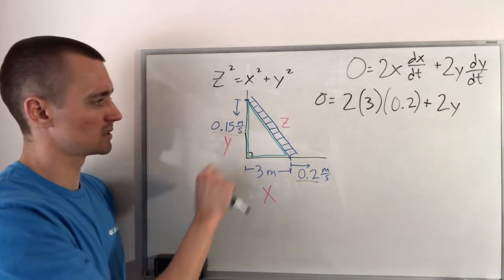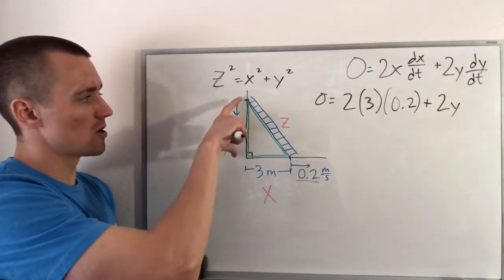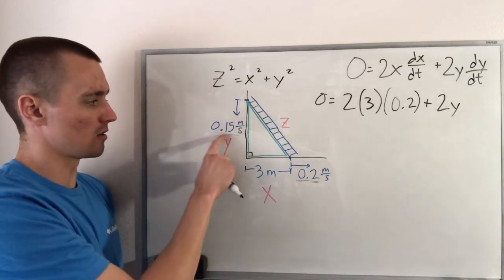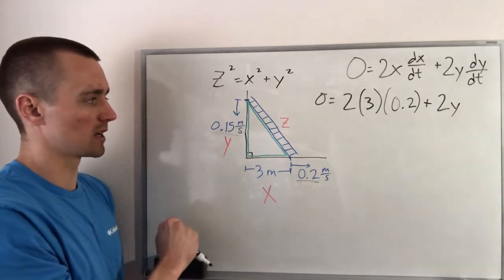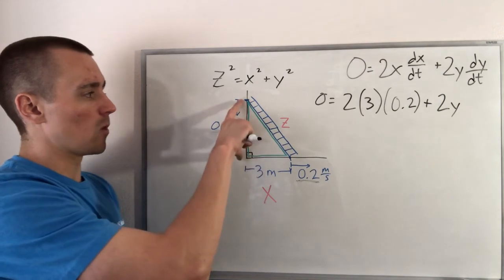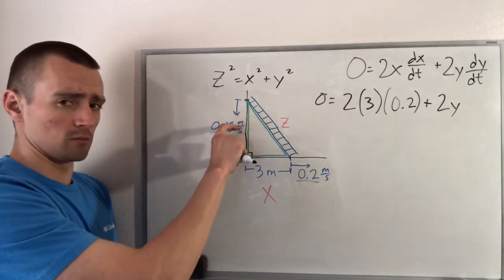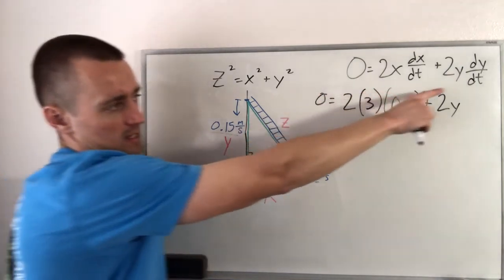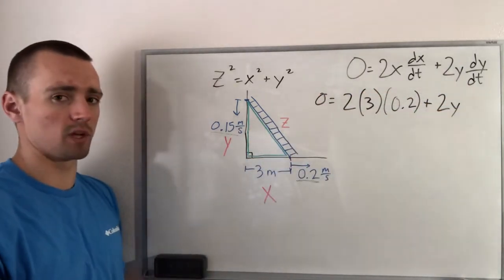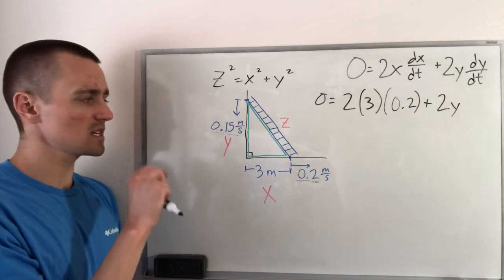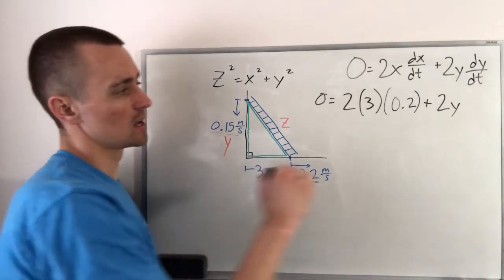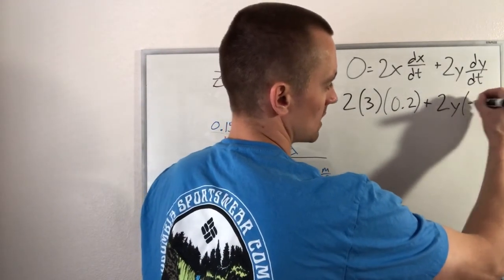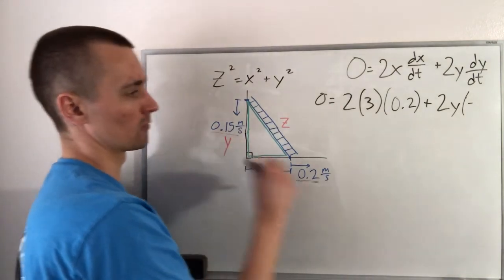So as that happens, we know that it's moving down at a rate of 0.15 meters per second. Since y is decreasing because this distance is shrinking over time, dy dt should be a negative number. Since it's getting smaller by this rate, dy dt would be negative 0.15.